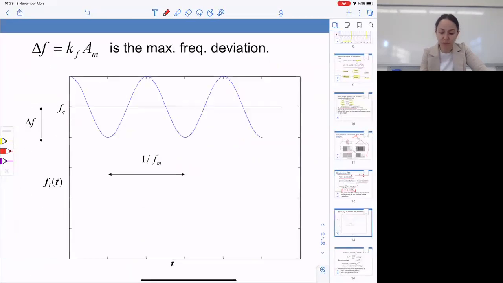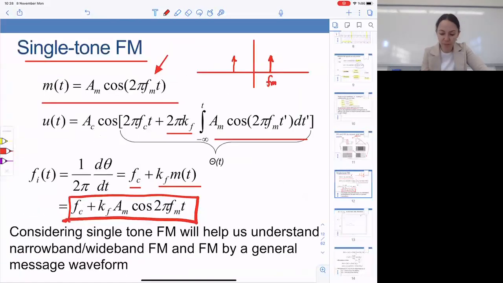So what does this mean? This is our message signal. So basically, cosine varies between -1 and +1. Okay. So the maximum frequency variation Δf is k_f A_m.